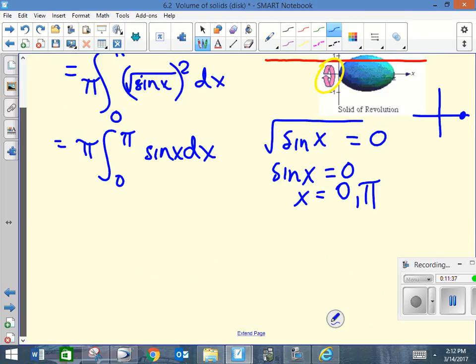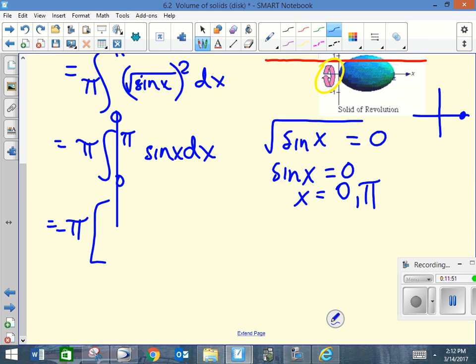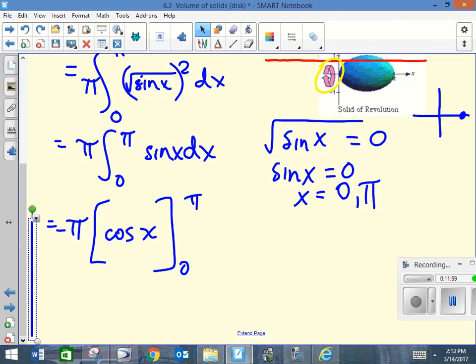It's a simple enough one. Let's do it by hand. What's the antiderivative? Negative cosine from 0 to pi. Why did I put negative pi? Because I moved the negative cosine out here.